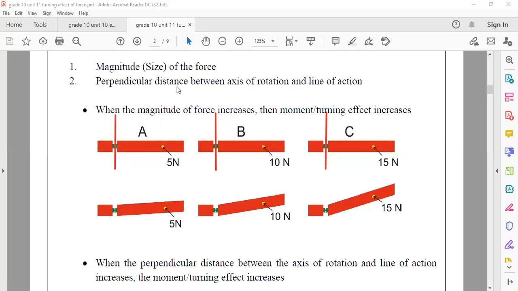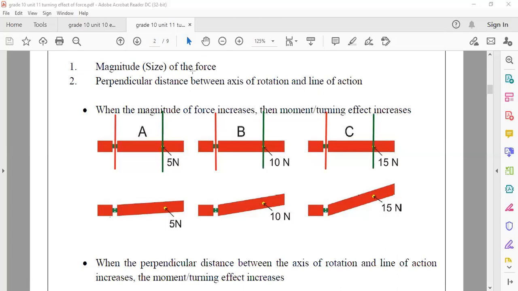Here the yellow color dot is the point of application. If I draw a line through it, how do you call that line? Line of action. Here also I am drawing the line of action. Here also I am drawing the line of action.